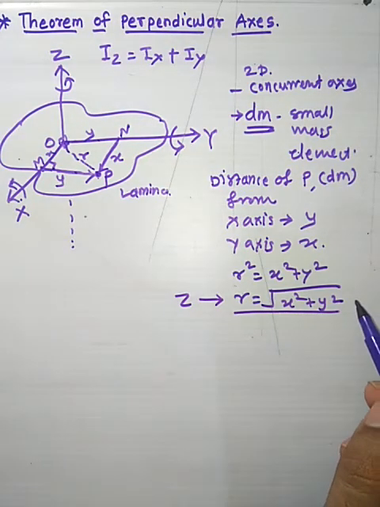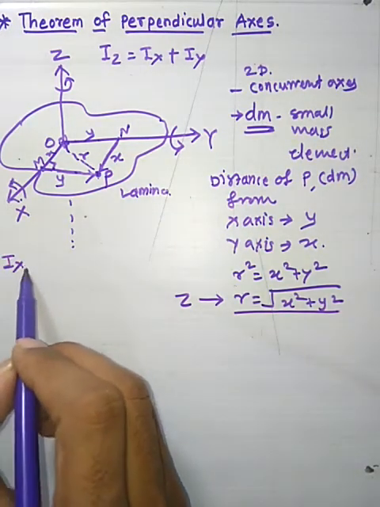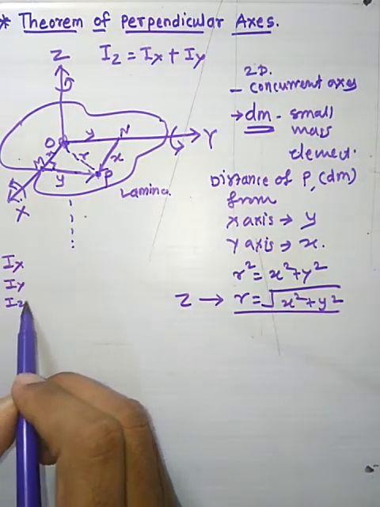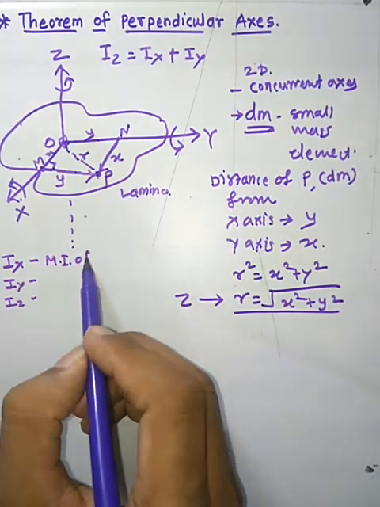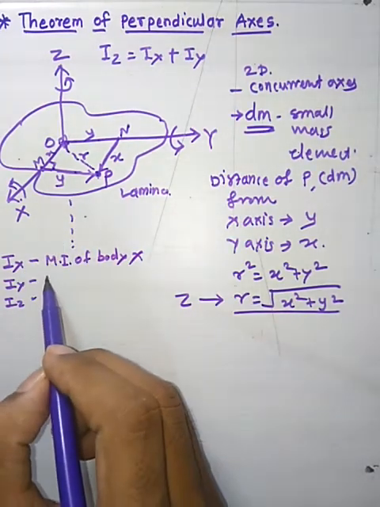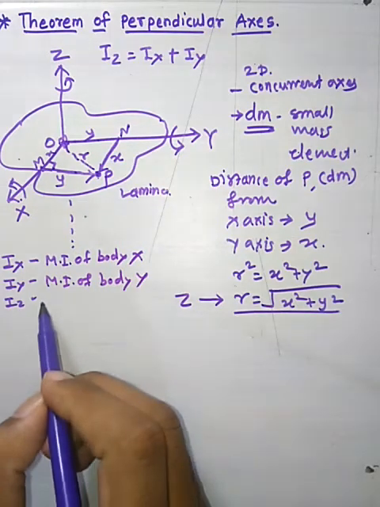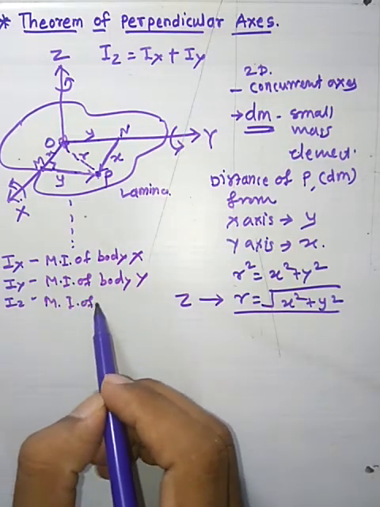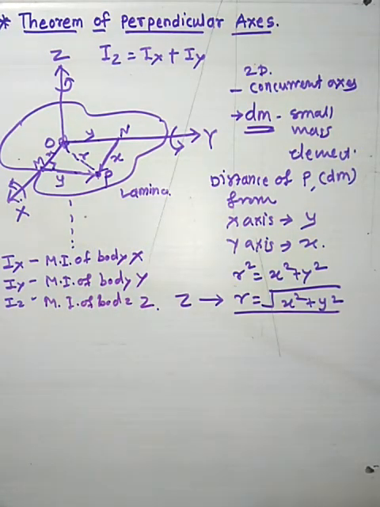Now let Ix, Iy and Iz be the moment of inertia of the body about the x-axis, the moment of inertia of the body about the y-axis, and the moment of inertia of the body about the z-axis respectively.